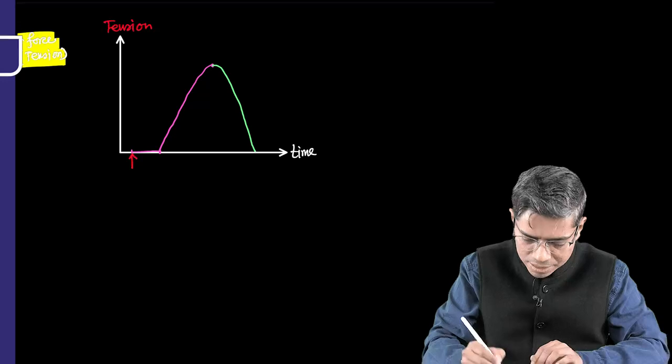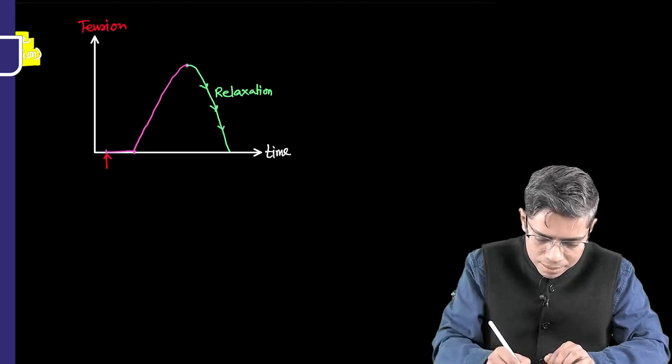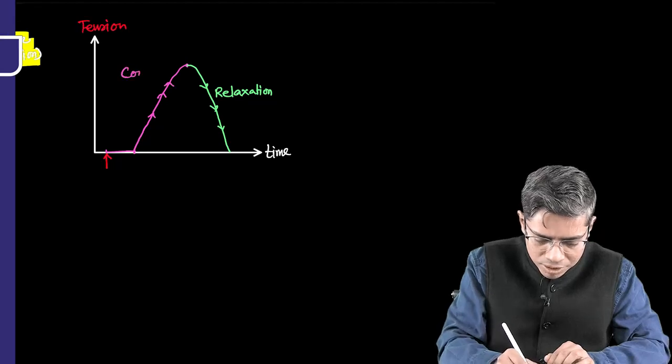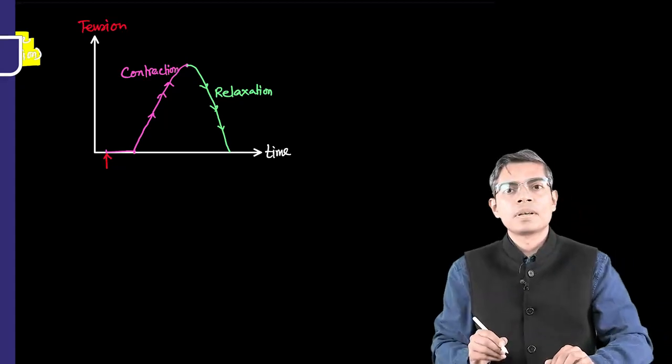So I can easily understand that this green color part is the relaxation of the muscle, the force or tension is decreasing, and this upward curve is nothing but contraction of the muscle.